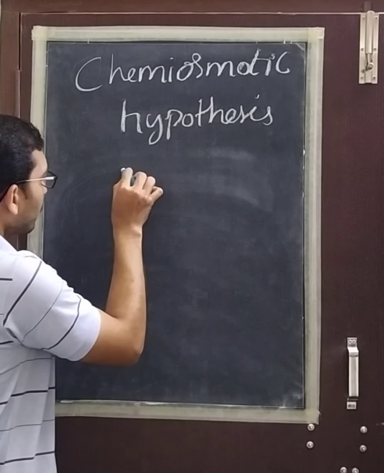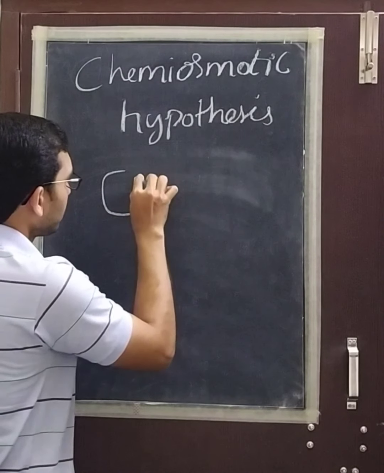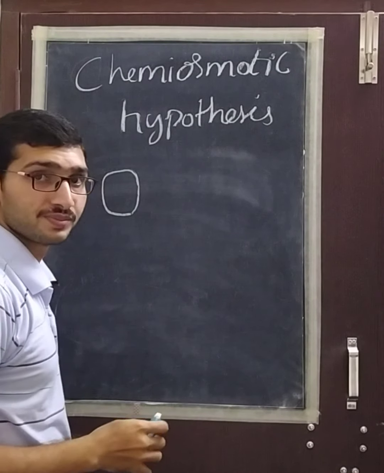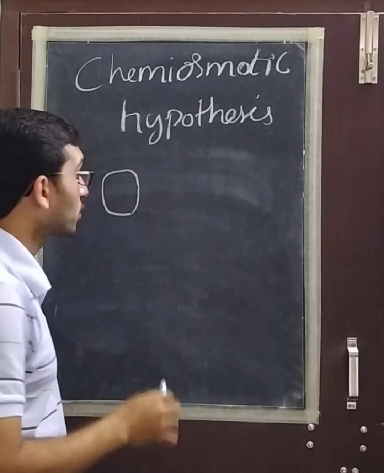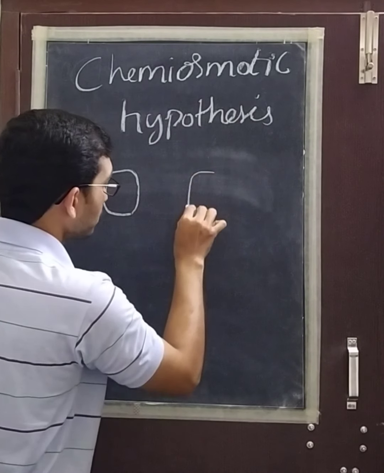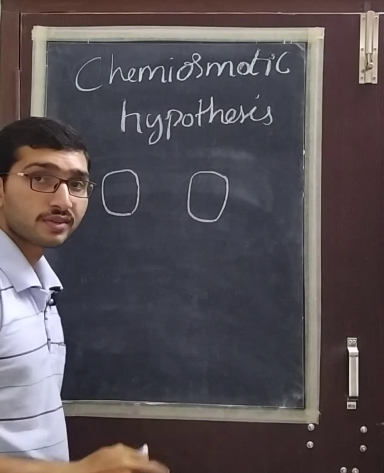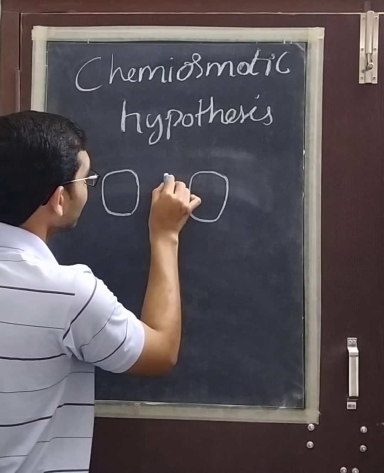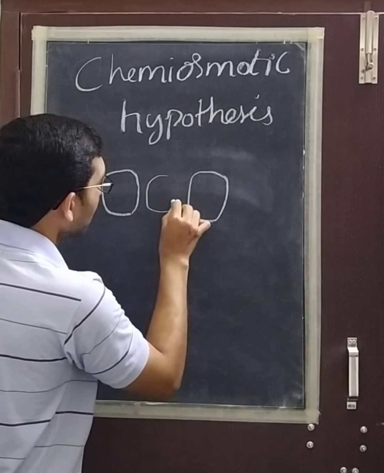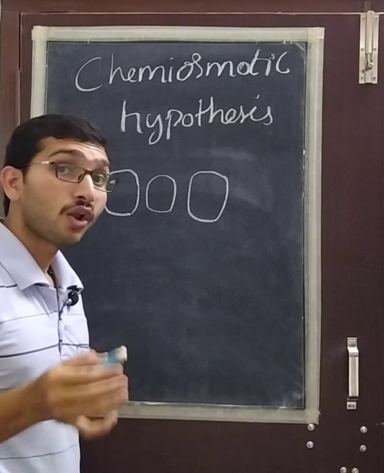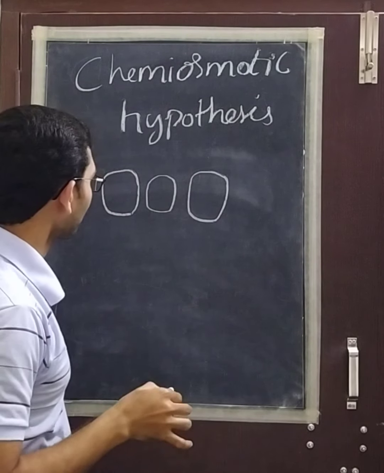We have to recollect what we learned in the electron transport. We saw the two photosystems, photosystem 2 followed by photosystem 1, connected to each other with the help of the electron transport chain along with the cytochrome.